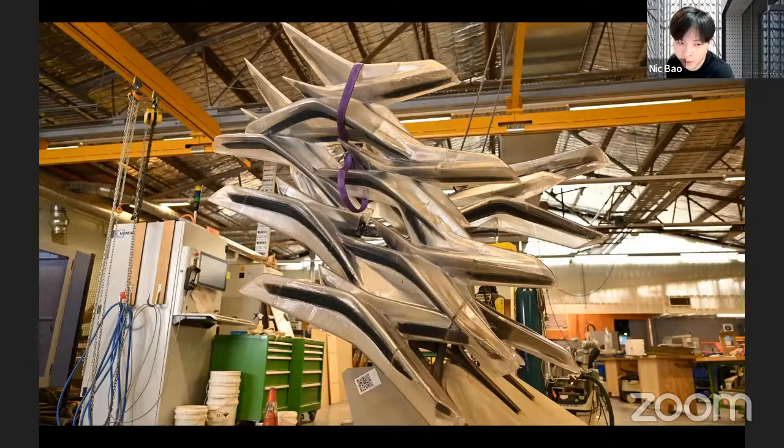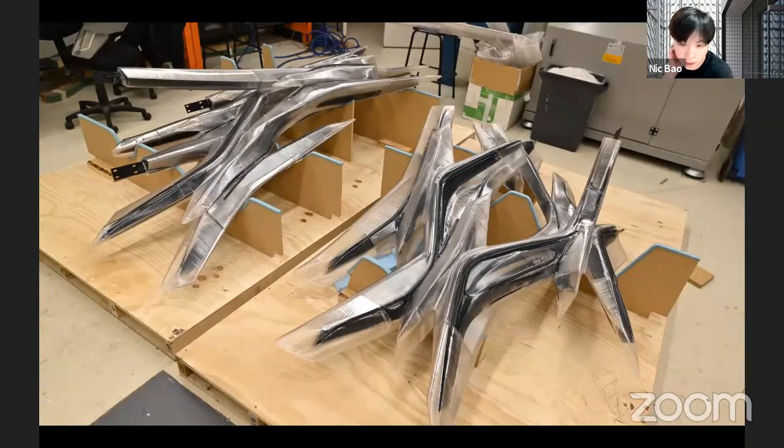The design method is very similar, but the only difference is that in the last project at the Shenzhen Biennale we divided it into more pieces. For this project, we printed the whole piece at one time, so the carbon fiber has a more continuous structure.